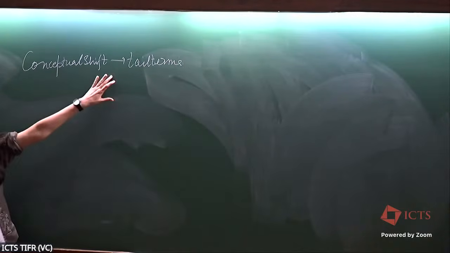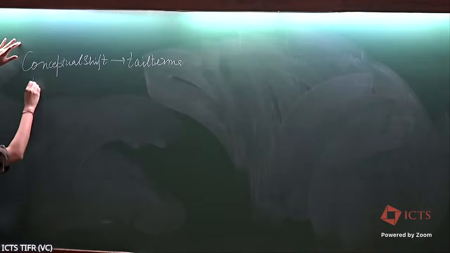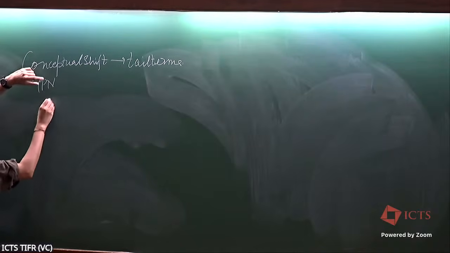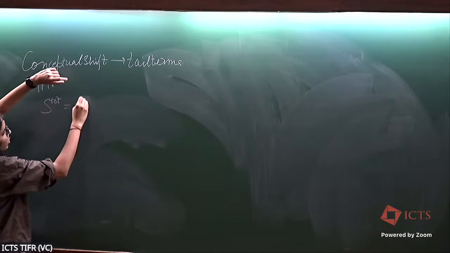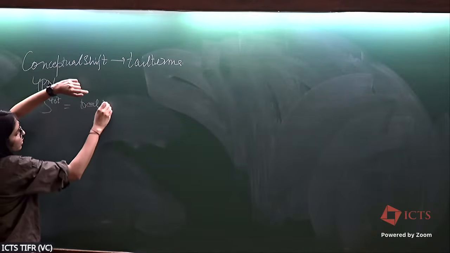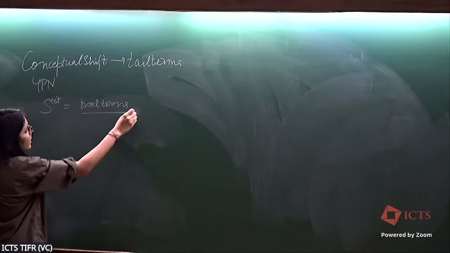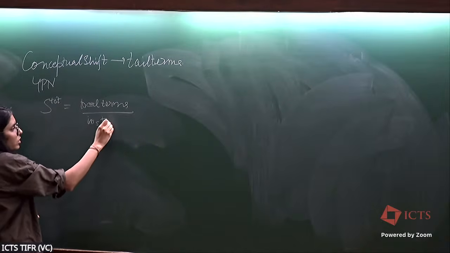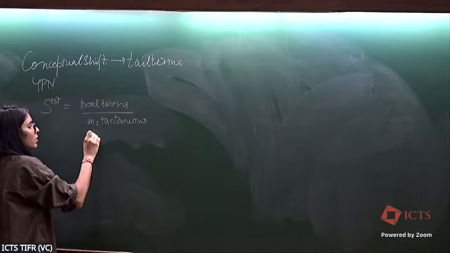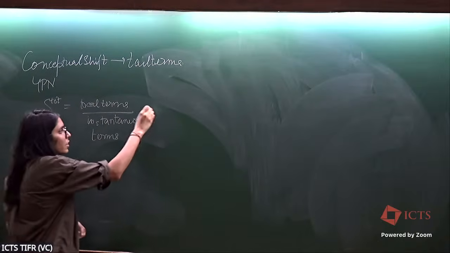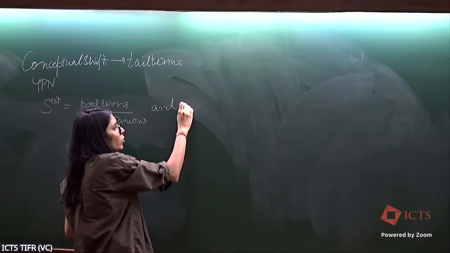It suggests that starting from 4PN order, the action of the two-body system should have both the local terms, which are the instantaneous terms acting at a particular instant, and non-local terms.